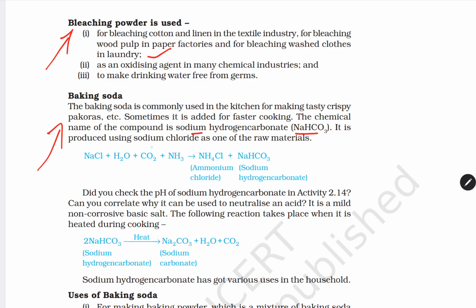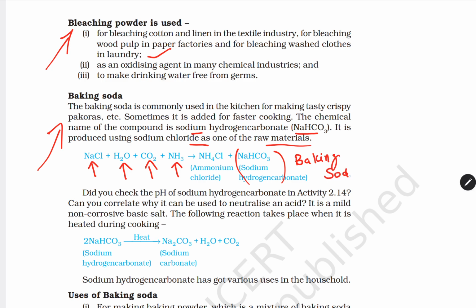It is also produced using sodium chloride as one of the raw materials. You can see the chemical equation here. NaCl is the raw material here, with water, carbon dioxide and ammonia, NH3. The products are ammonium chloride and sodium hydrogen carbonate, which is nothing but our baking soda.